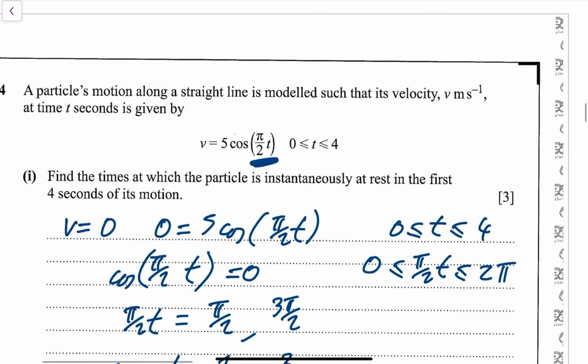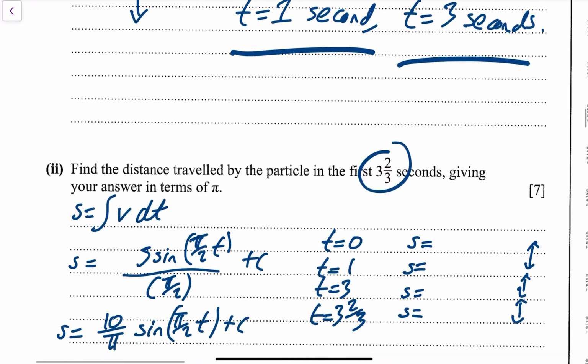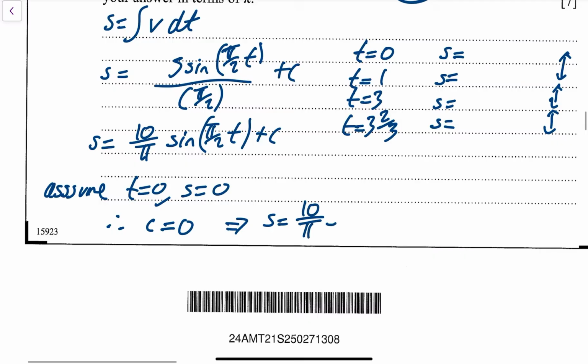It says a particle's motion along a straight line is modelled such that velocity at t seconds is given by, and it doesn't tell you where it starts, and doesn't give you any indication of how you find out where it starts. So in this situation, you've got to just assume that when t equals 0, s equals 0, therefore c is equal to 0, which tells you your s is just equal to 10 over pi sin(pi over 2 t).